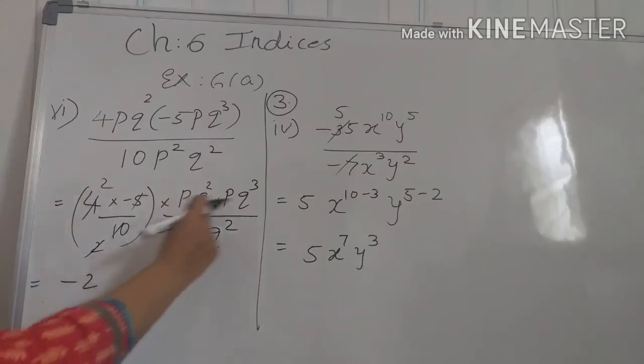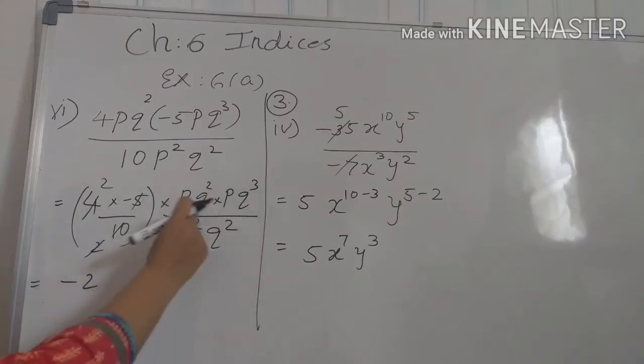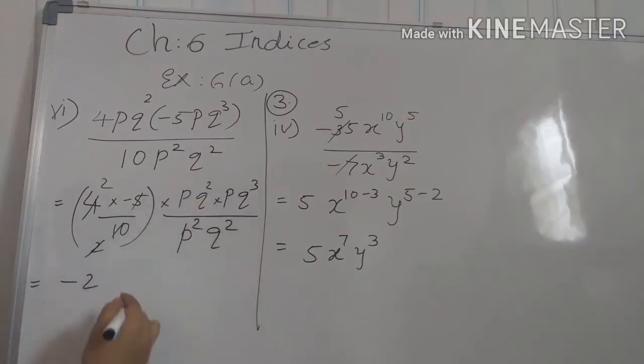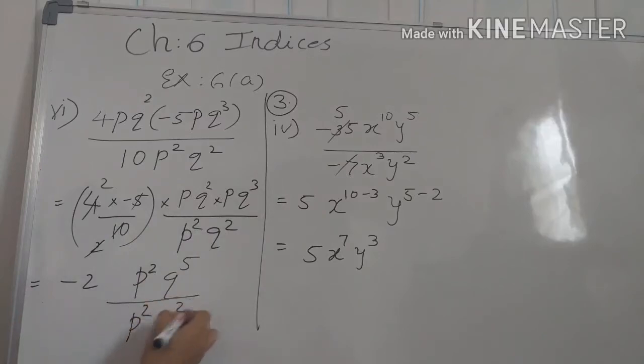Now we will solve this part. Here p 2 times and multiply in between, so 1 plus 1 is 2. Now q power 2 plus 3 is 5, divided by p square q square. So here minus 2, and then we'll take its division.